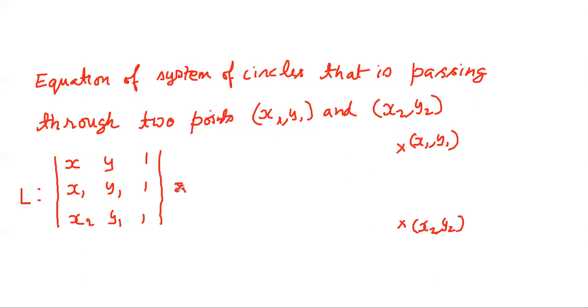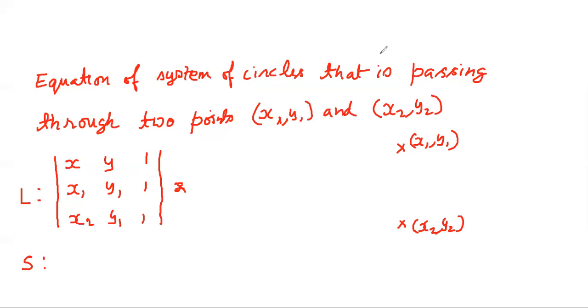Okay, no doubt. So this equation of line is there, and now through these two points I can draw any circle. It may be possible that it is a diameter of the circle.